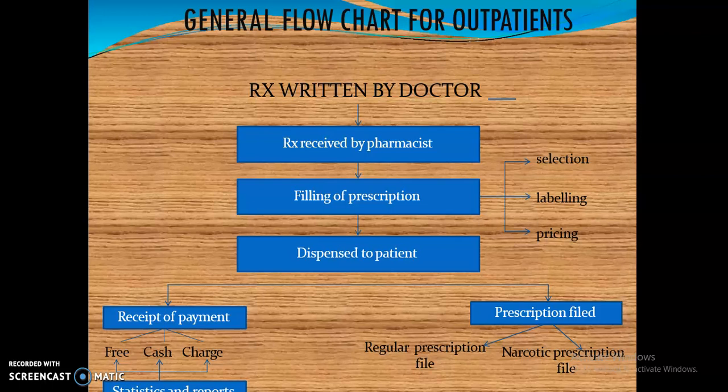After that comes the filling of the prescription. In this filling of prescription, there is the selection of the medicines, labeling of the medicines, and finally the pricing of the medicines. After that, these medicines are dispensed to the patients.